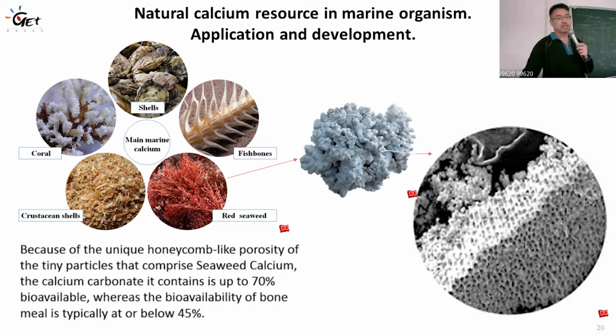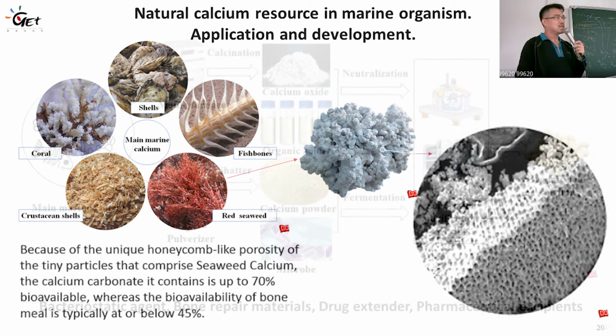So we could just erase the color of this red seaweed and obtain active calcium carbonate. And we smash it into powder and reform it as a tablet. And we eat it, and we have a good calcium carbonate supply.